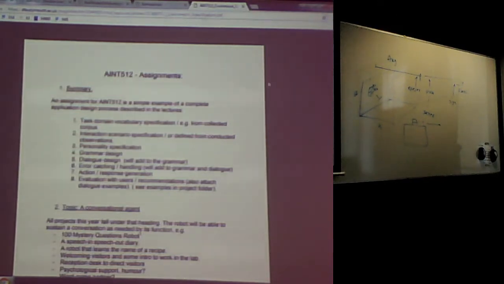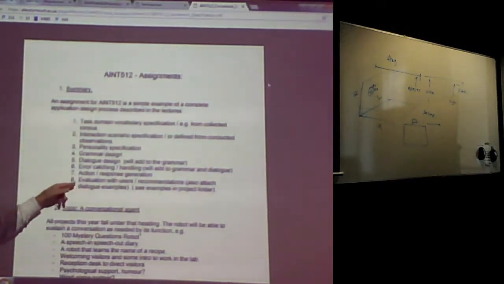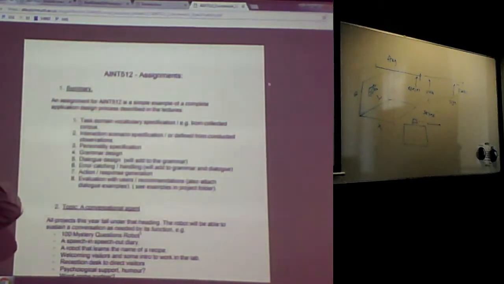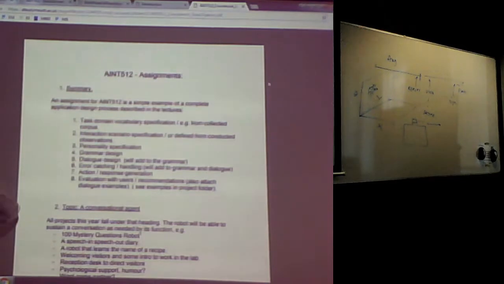Once you test it with users, you are going to find that you are probably half right, half wrong. Then the second version of your system will go through that evaluation. Your report will have two evaluation sections. Is that a bit clearer? Hope it is.